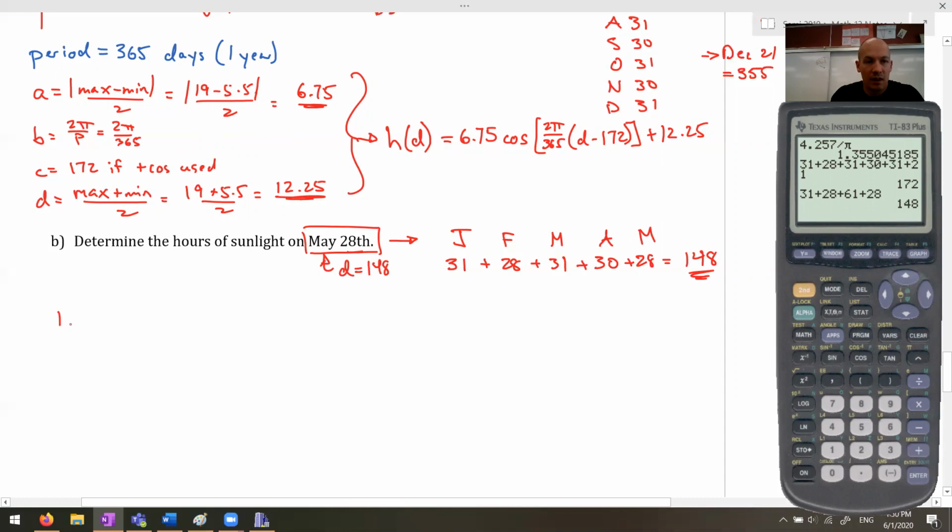So the hours of daylight on the 148th day of the year equals, we should be able to work it out, 6.75 cosine 2 pi over 365, 148 minus 172, close it all up.